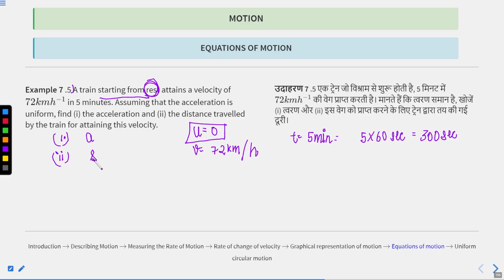How are you going to calculate these two terms? We are going to take help of the three equations of motion. Which are the three equations of motion? Equation number first is v equals u plus at. Equation number 2 is s equals ut plus half at square. Third equation is v square equals u square plus 2as.